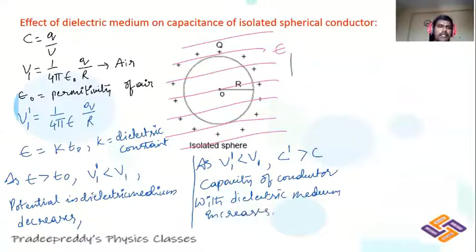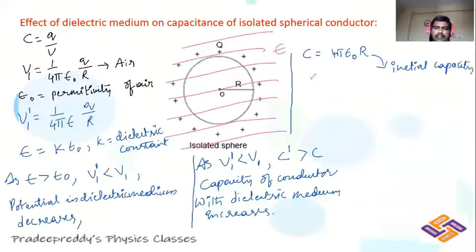Simply take these equations and substitute here. C is the capacitance of the spherical conductor. Substituting V1 in this basic equation, what do you get? 4 pi epsilon naught into R. This is C, the initial capacity.